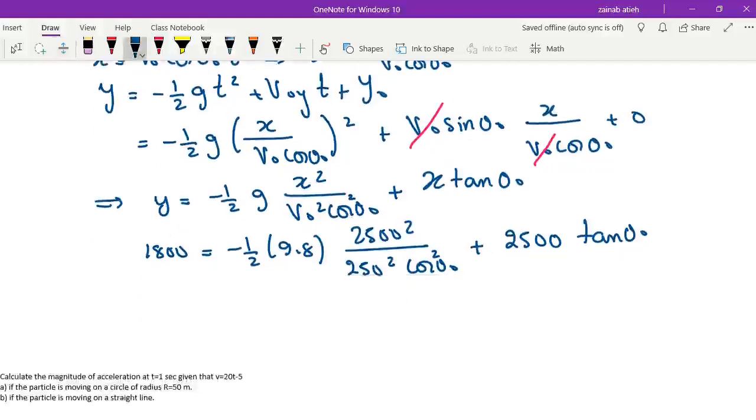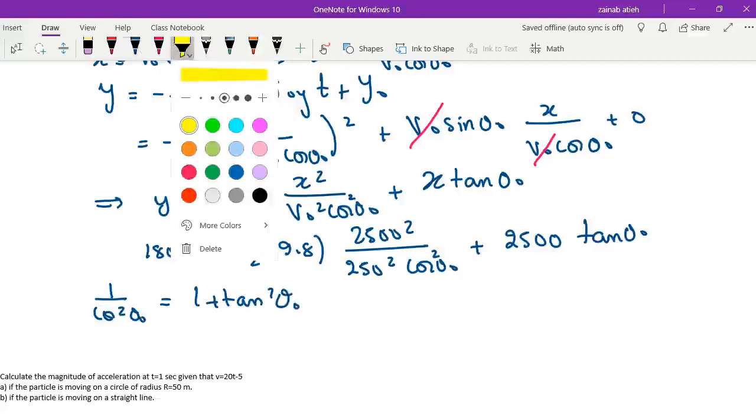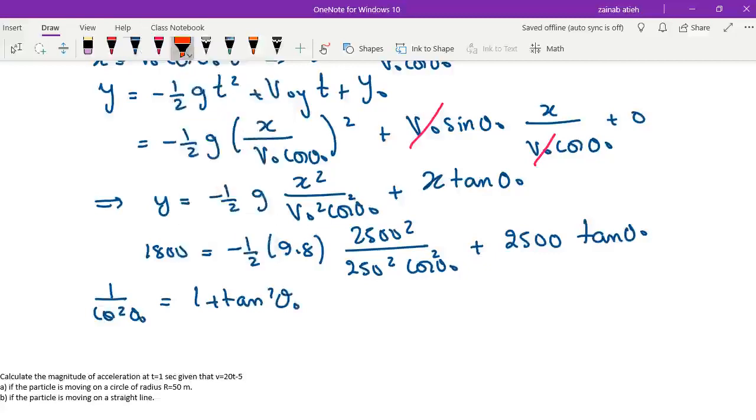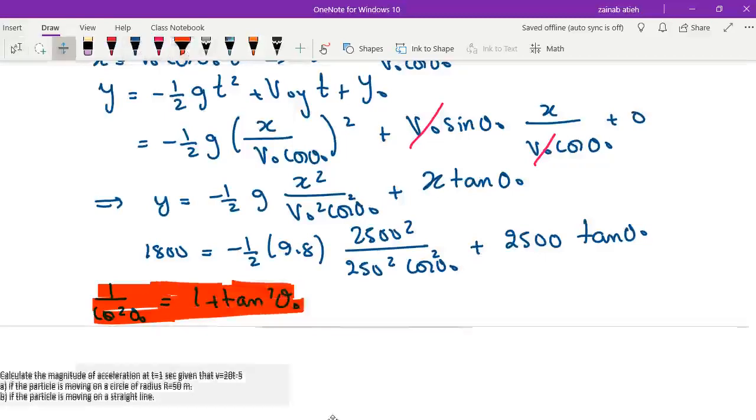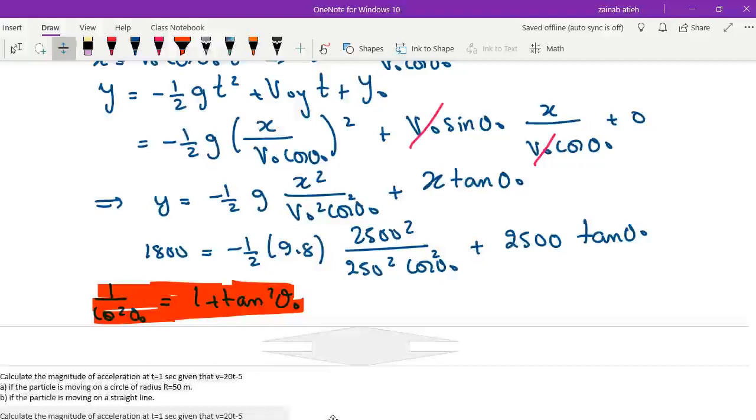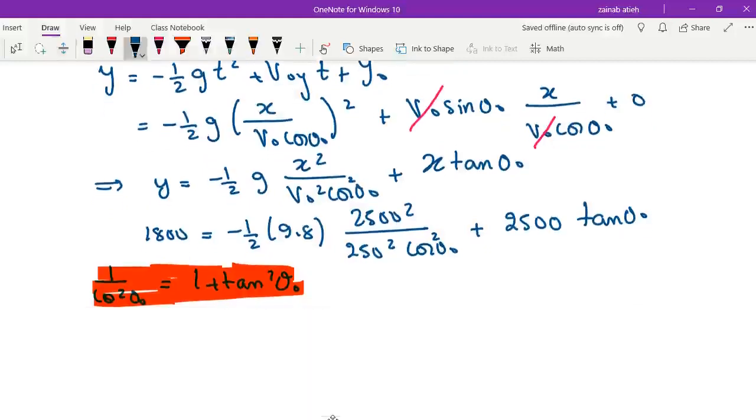Okay, so I know that 1 over cosine square theta is equal to 1 plus tangent square theta, for sure theta 0. I will use this trigonometric relation to convert everything in the equation. I will use this relation, 1 over cosine square, to get everything in terms of theta 0.